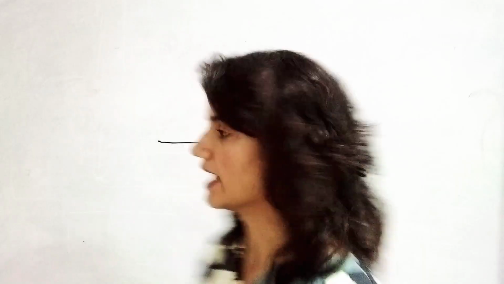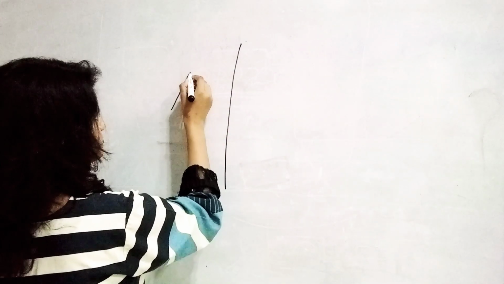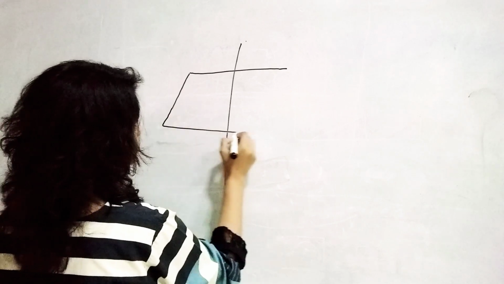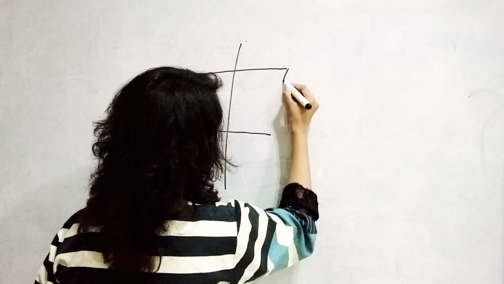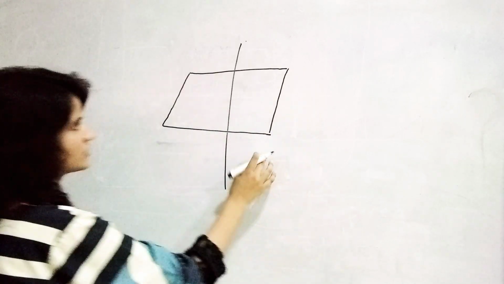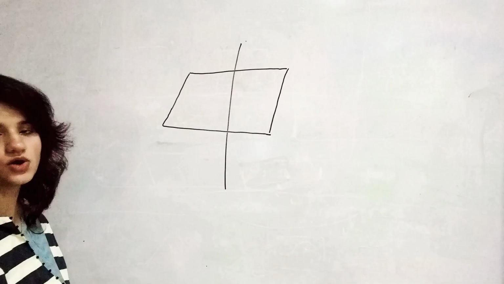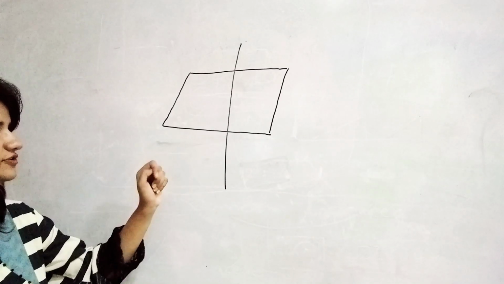There is another way we can detect it. For example, we have a wire, and this is a piece of cardboard, which is passing through the wire.